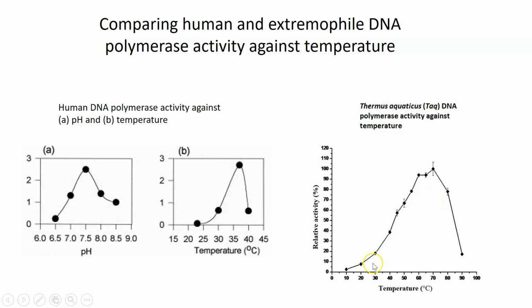So these enzymes from these extremophiles have adapted to work in these extreme conditions. But the enzymes which we have are made so that they work at peak physiological conditions, so normal 37 degrees Celsius and around neutral pH, 7.35 to 7.45.